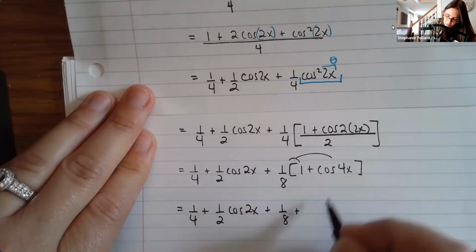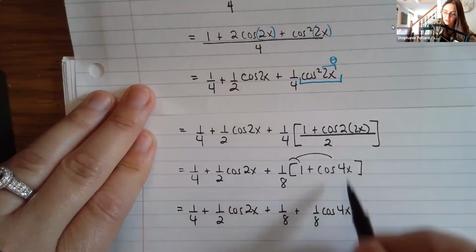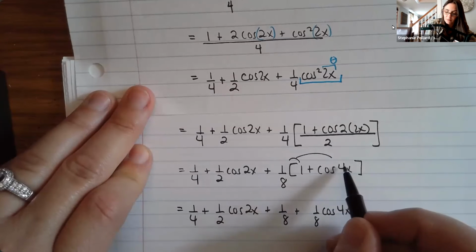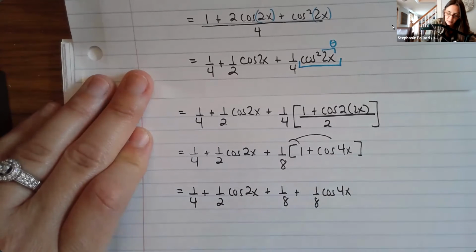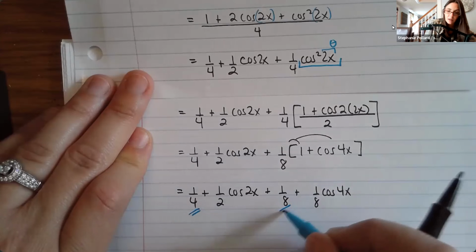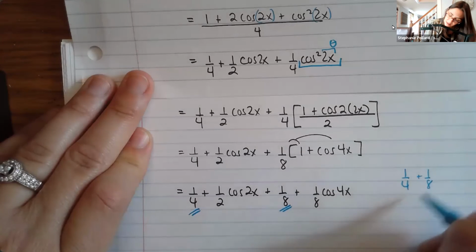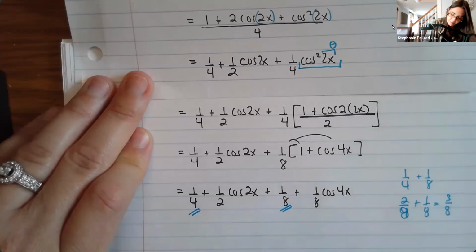And then 1/8 times cosine of 4x here. Again, you're not canceling anything on the inside there, just any values out front. So I'm not going to cancel the 4 and the 8. I have to leave that alone. And then the last thing I'm going to do is put these together. You need some common denominators, right? 1/4 plus 1/8 is the same thing as 2/8 plus 1/8, just 3/8, using common denominators.